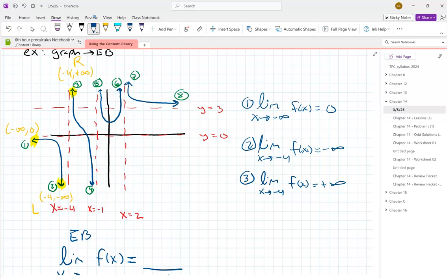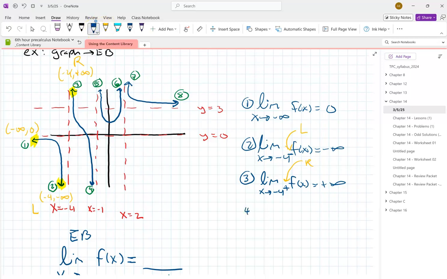For left, we're going to put a negative in the superscript, and for right, we're going to put a positive in the superscript. Is everybody okay with that? So that's how we're going to communicate which side of -4 we're talking about. Cool? Okay, so that cleans up that issue.